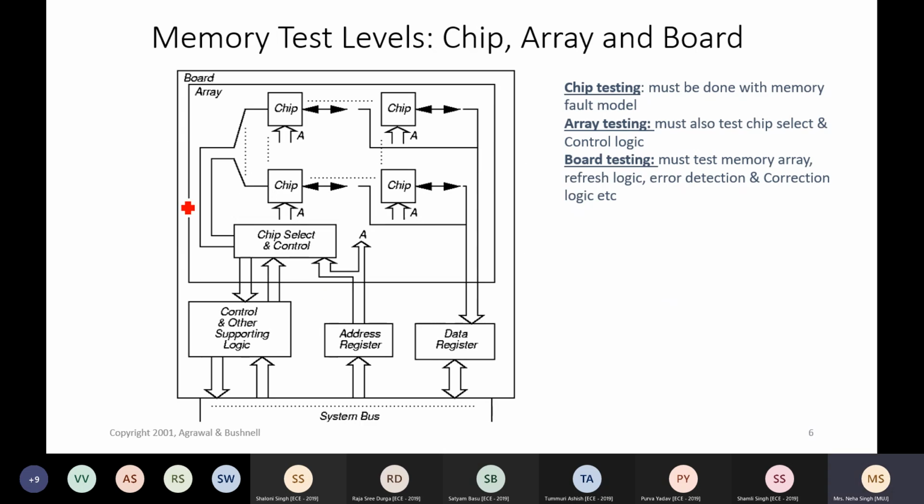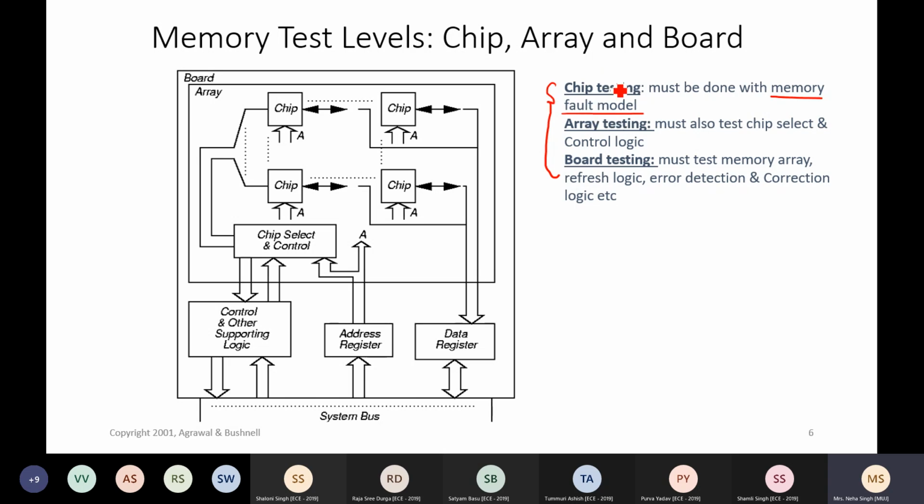Whatever the fault be, I need to test a memory at 3 different levels. The first is chip testing. Chip testing means only the memory array, so only the memory array needs to be checked using some memory fault model.